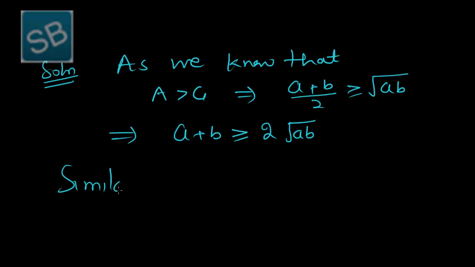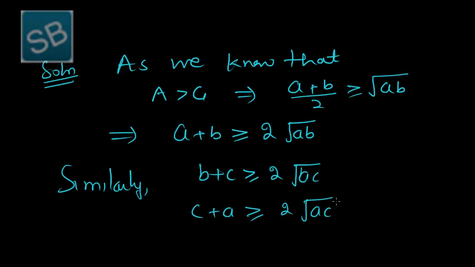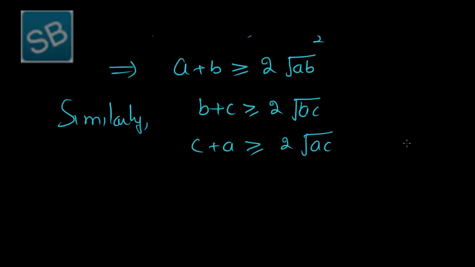Similarly, we can write B plus C is greater than or equal to 2 times under root BC, and C plus A is greater than or equal to 2 times under root AC. This is true for three numbers.